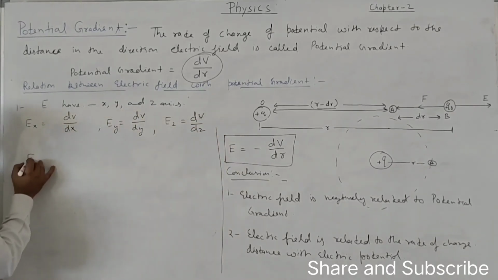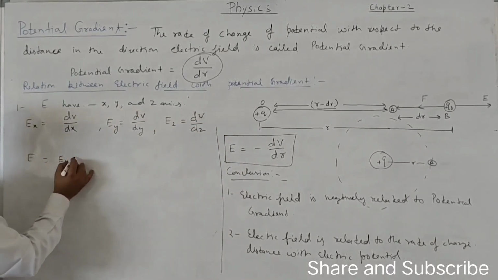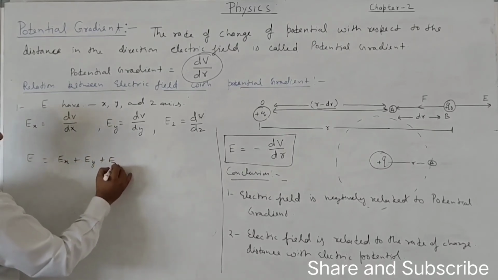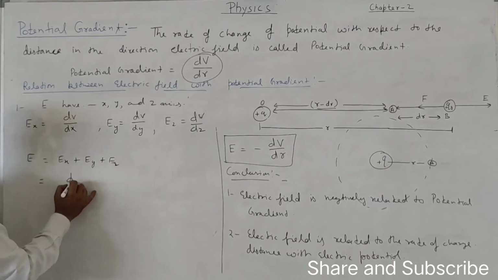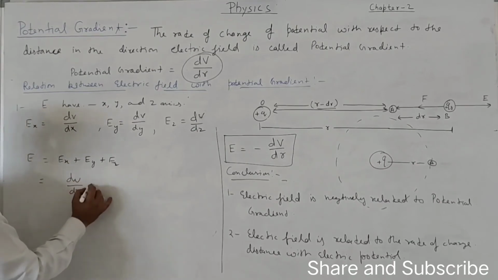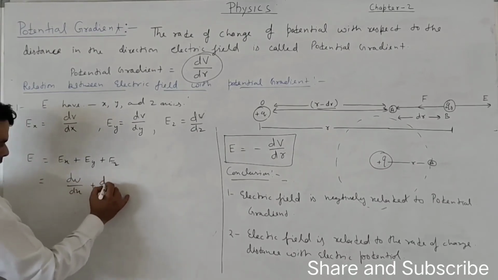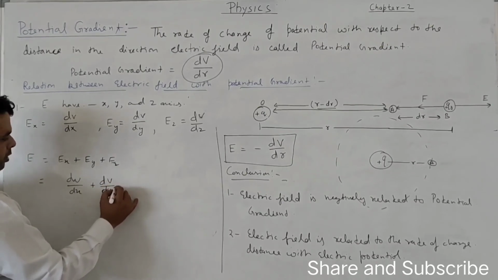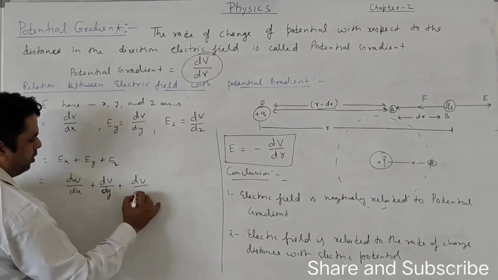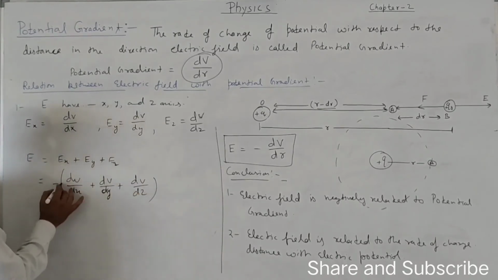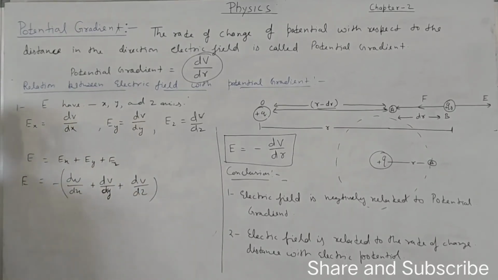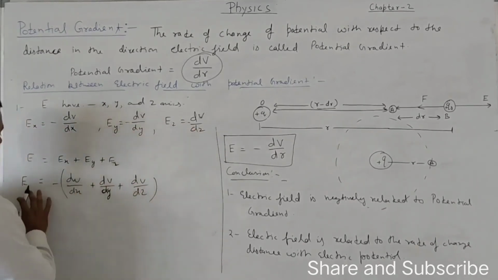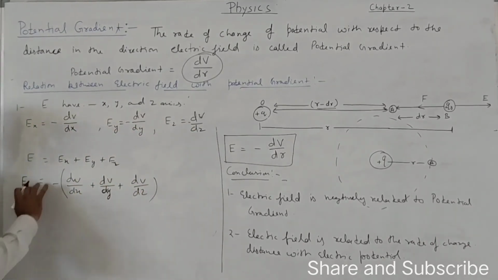So the net field is Ex plus Ey plus Ez, and the negative remains as it is here also. These are the terms related to the net electric field.